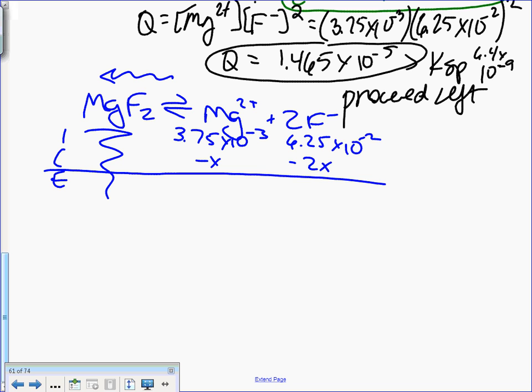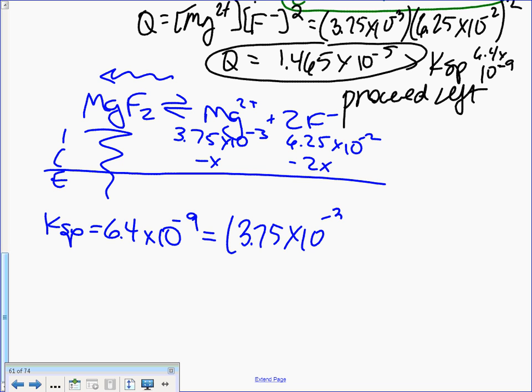So our K expression is the same setup up there, so I'm just going to write Ksp is equal to 6.4 times 10 to the negative 9, and that equals magnesium's concentration at equilibrium, which is 3.75 times 10 to the negative third minus x, times 6.25 times 10 to the negative second minus 2x squared, because that's what our original expression was.